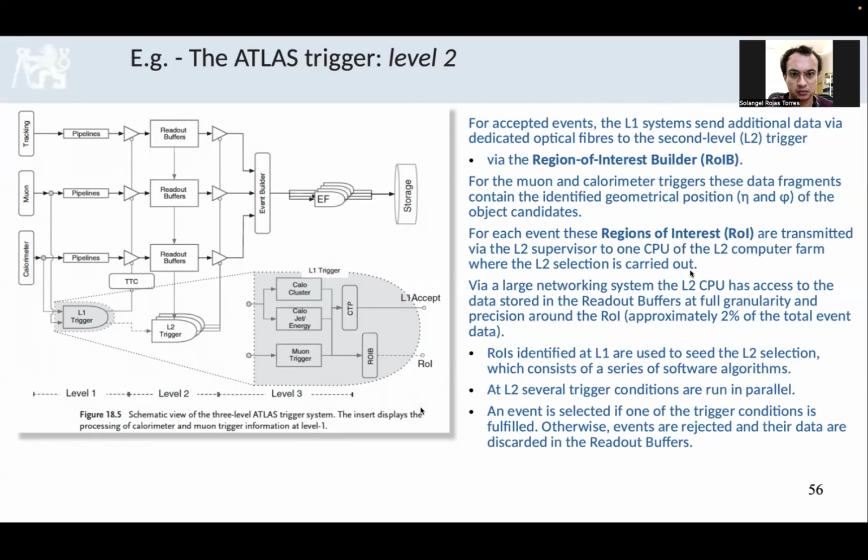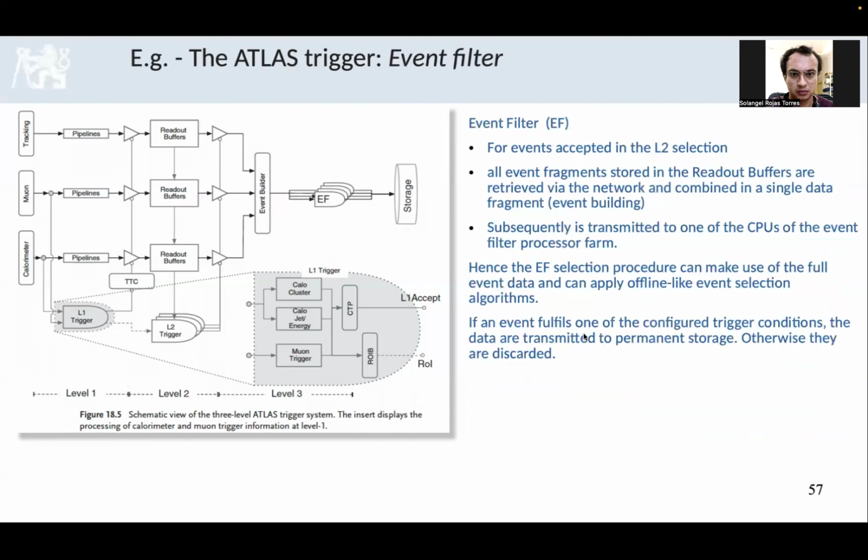And this is supervised or done in a CPU, in a farm of computers, so it's already not custom electronics, so they can work slower in this part. And they have an event filter, a further selection after the event building, and after that they have storage. So they build an event, then do some selections, and then store. So that's a different architecture.